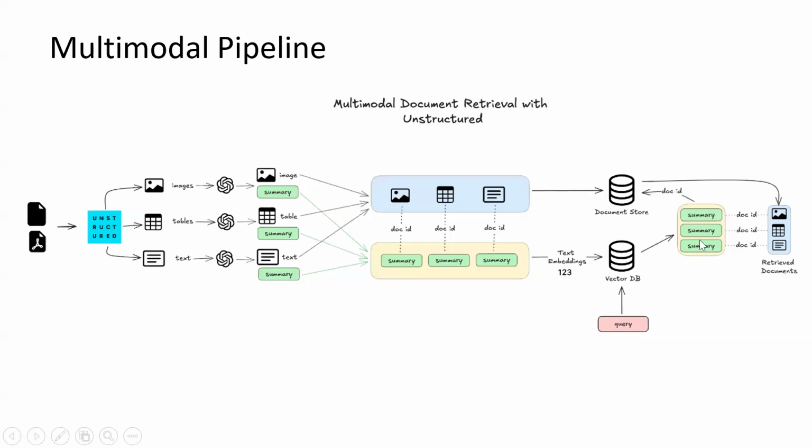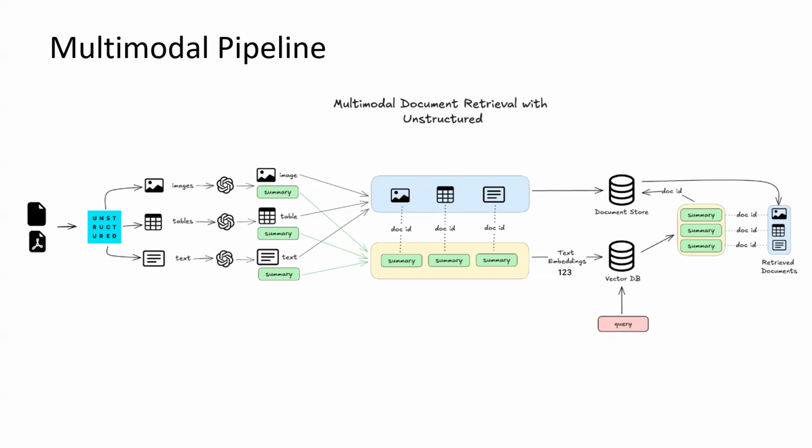Now I have retrieved 3 summaries, and with the help of these summaries I can fetch my document ID, and the corresponding object from the document store is also pulled. These are the elements which we are going to show to the user, and these are the elements which will go to the large language model for my final answer.